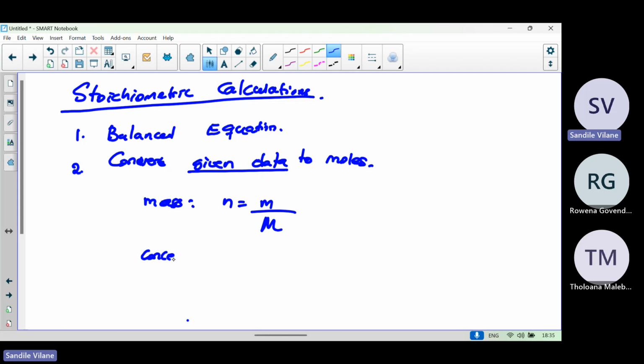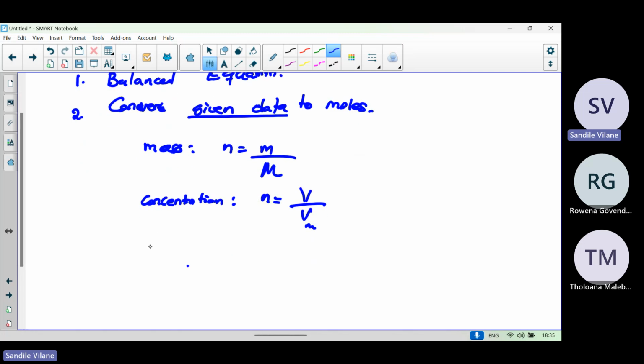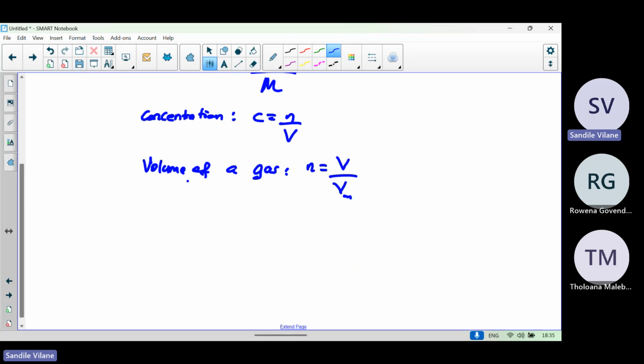When you are given the concentration, c = n over V. And when you are given the volume of a gas, you use the formula number of moles equals the volume divided by the molar volume at a given temperature. And then after having done that, you can identify the limiting reagent.